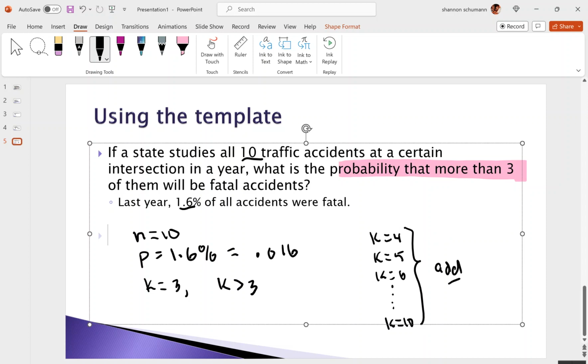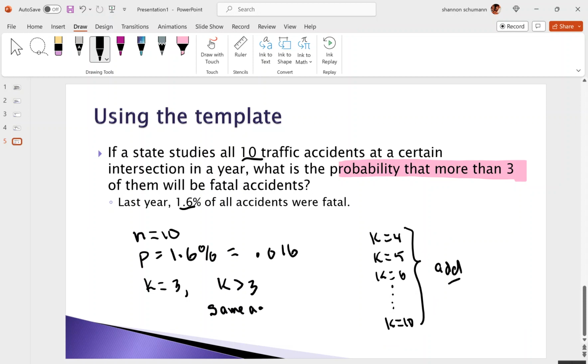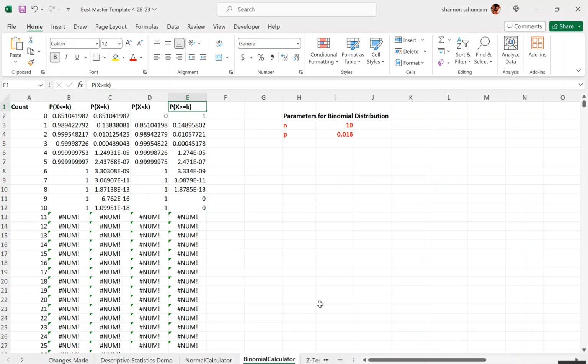So on the table, I'm going to look at 4. More than 3 is the same as greater than or equal to 4. So here's the greater than or equal to. Here's my 4. So this is my answer.